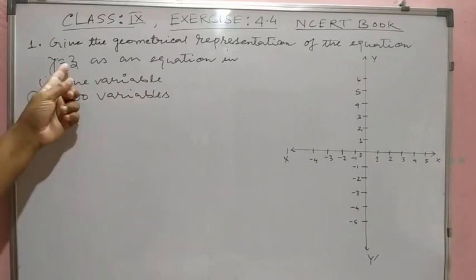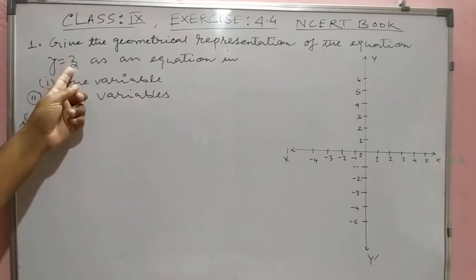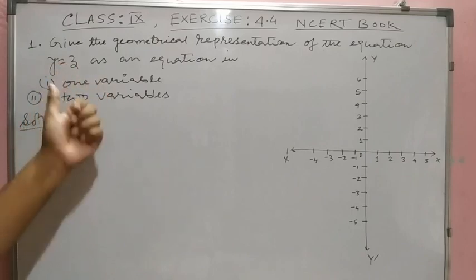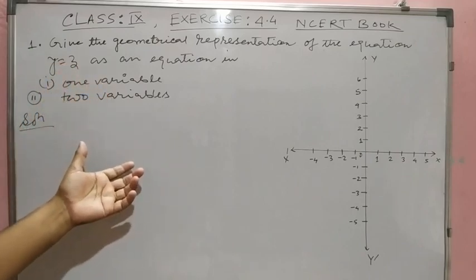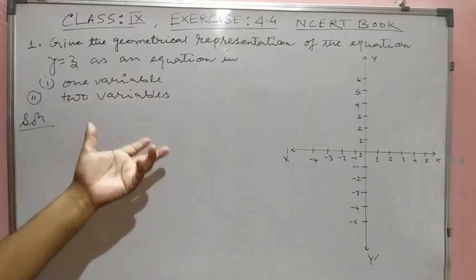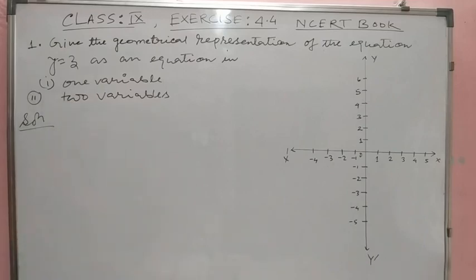So as an equation in one variable, this will represent a real number on the number line, and as an equation in two variable, this will represent a straight line. So now let us see.